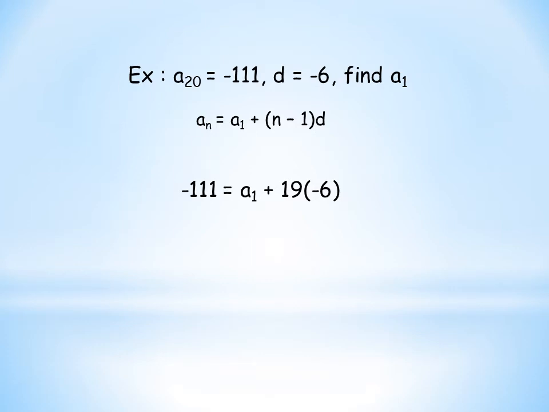I know there are 20 terms because it told me that the 20th term is negative 111, so the number of terms has to be 20. 20 minus 1 is 19, so that's how I get the 19 in the formula. And the common difference is negative 6. My only variable is A1, so I can just solve this equation for A1, and I know that the first term in this particular sequence would be 3.